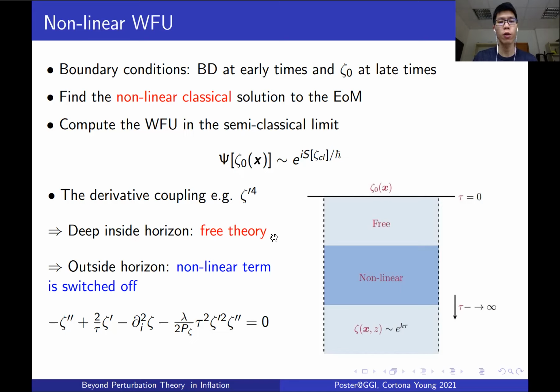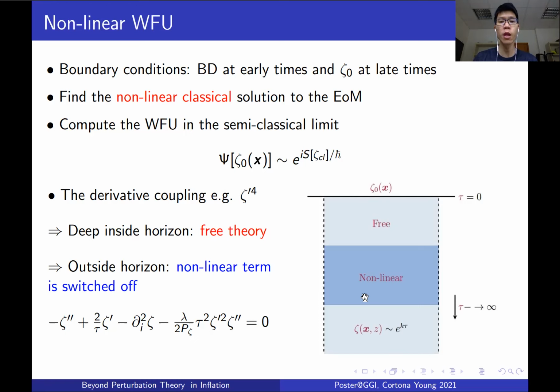This coupling has some advantages. Inside the horizon, you have the free theory, and outside the horizon, close to late time, you are also back to the free theory regime. So this is the PDE, the differential equation for this coupling, and one has to solve this PDE subject to this boundary condition.